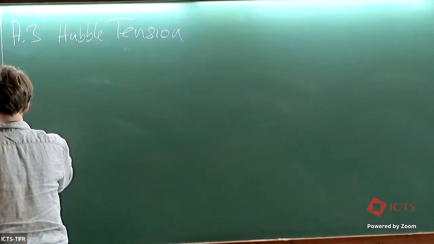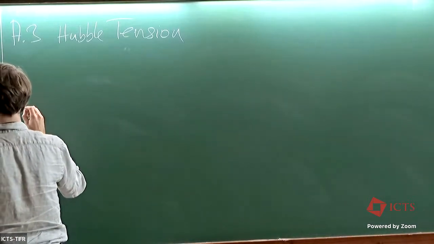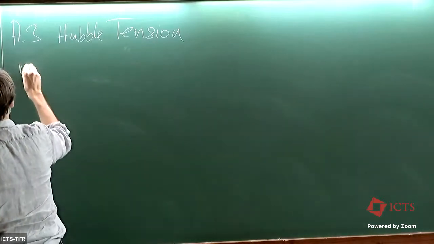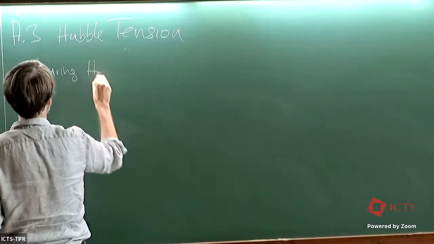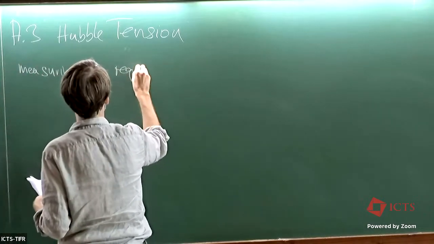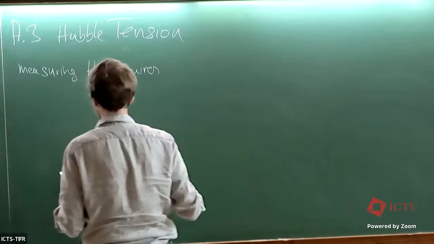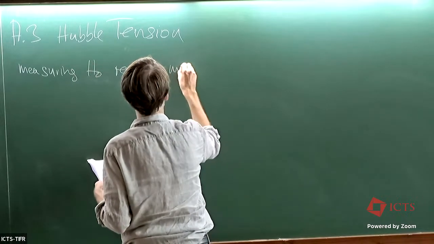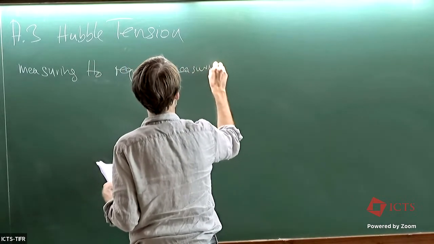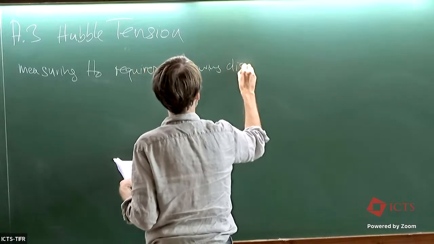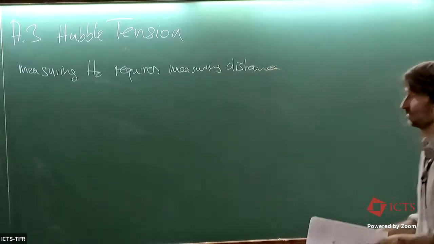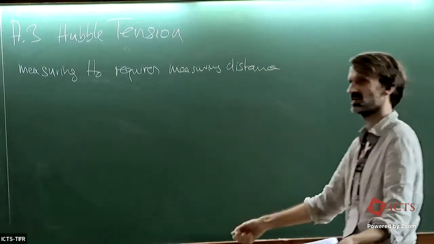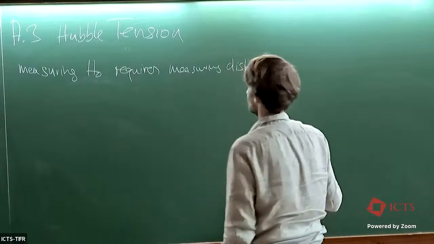And the important statement here is that measuring H0, and we have already seen that yesterday in a simple way, requires measuring distances. And that makes, of course, intuitive sense. If you are interested in the expansion rate today, you want to see how distances change as a function of time.